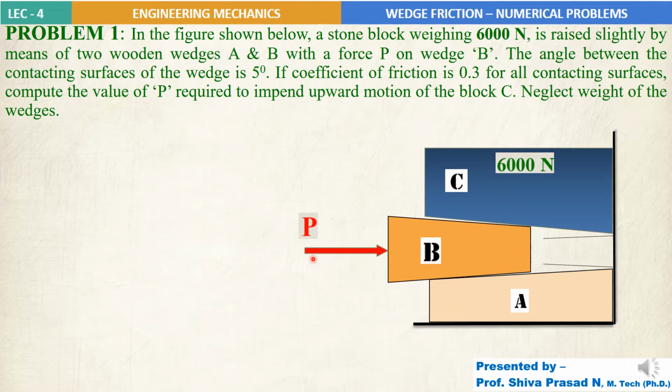Due to the application of force P on the wedge B, the block C will be lifted upwards.